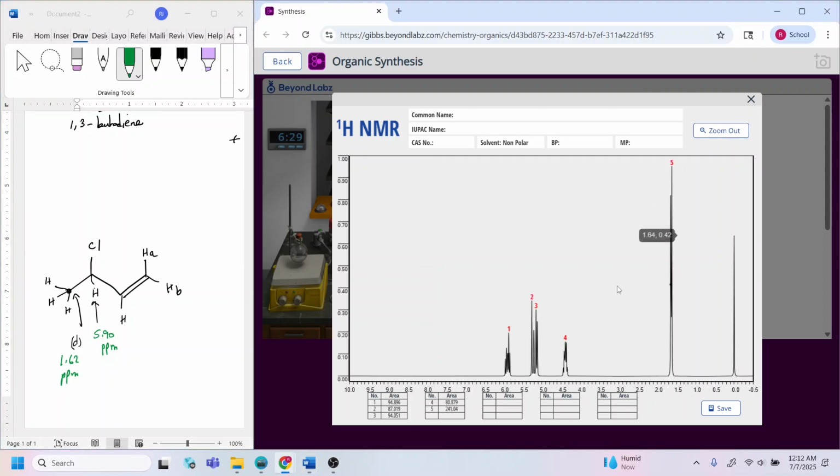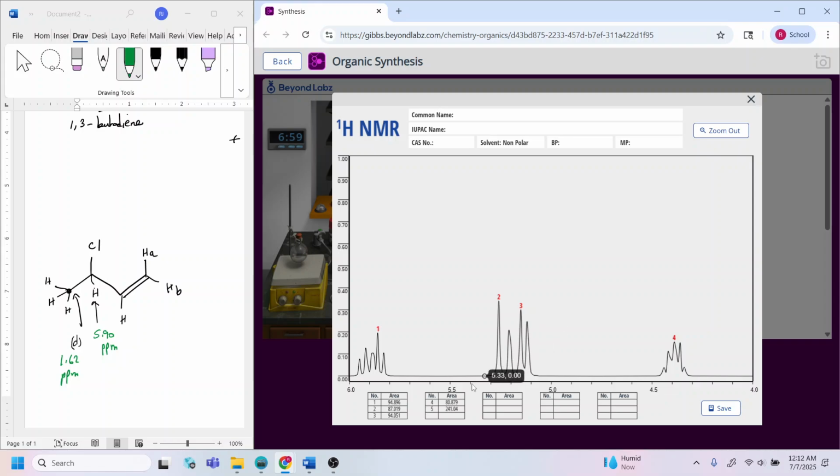Let's zoom out. And then the ones in the middle there, these are going to be the 2, 3, and 4. These are going to be the ones for the alkene. See how much signals these are. It says a doublet, and another multiplet in there. So this hydrogen will be split by hydrogen B, and this is further closer to the chlorine.